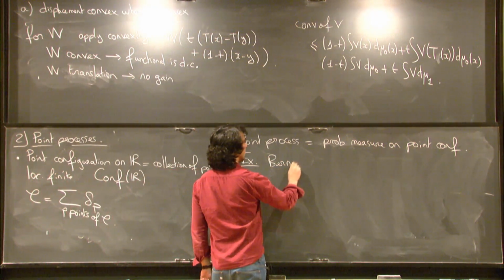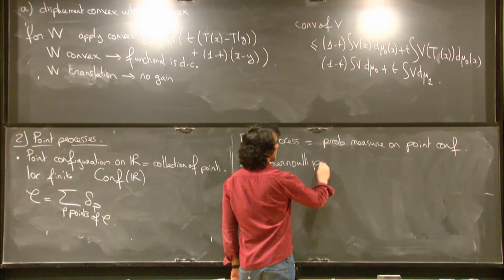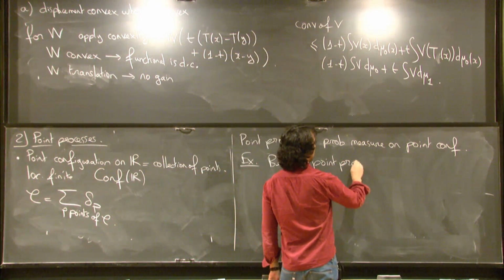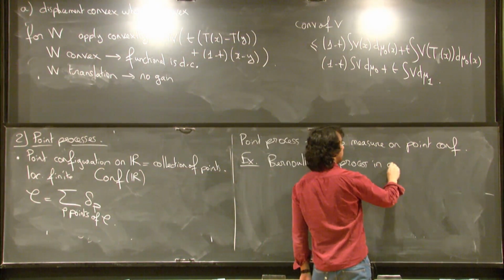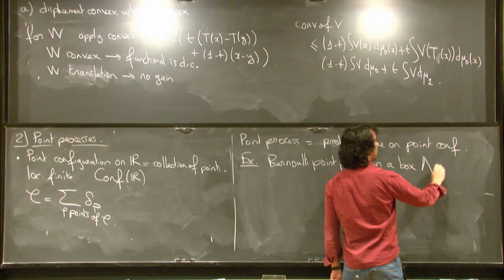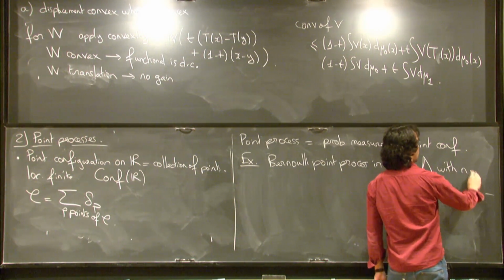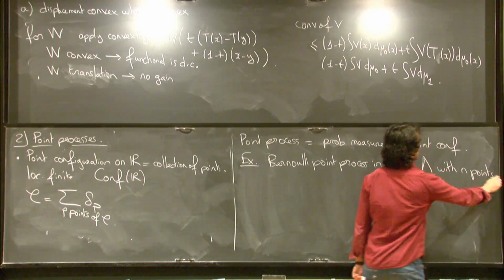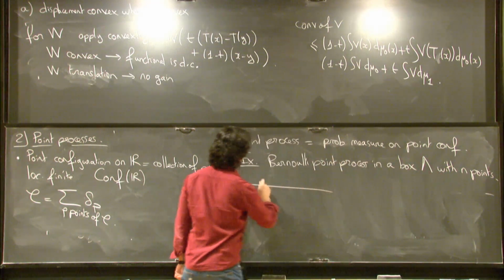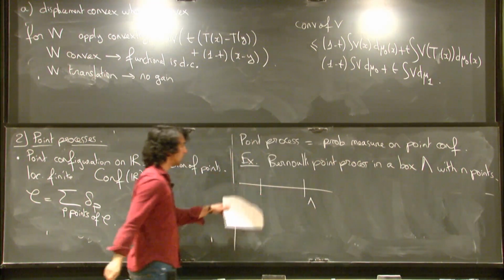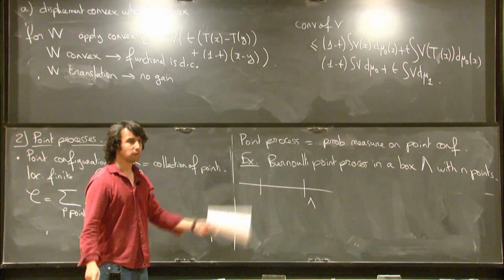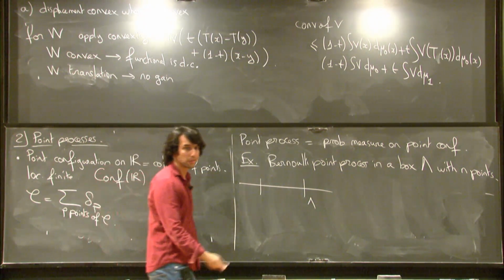The Bernoulli point process in a box lambda with n points. So what I mean by that is that I fix a box lambda and I throw n points uniformly in that box. Why do you call it process?